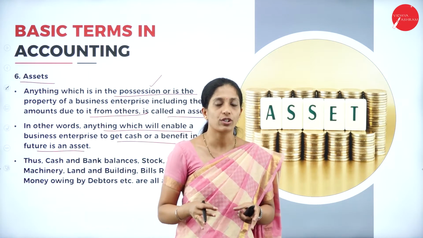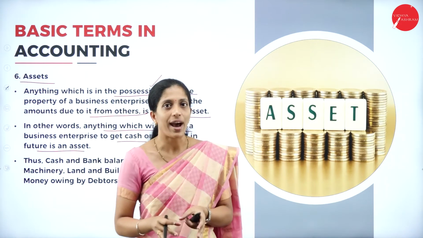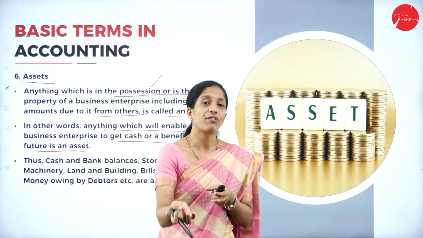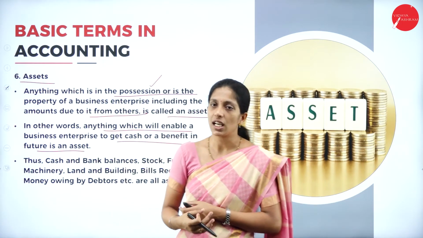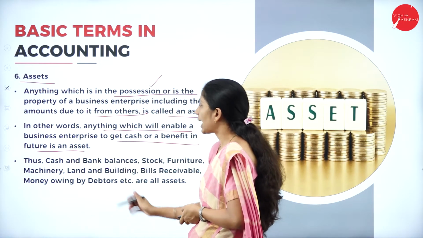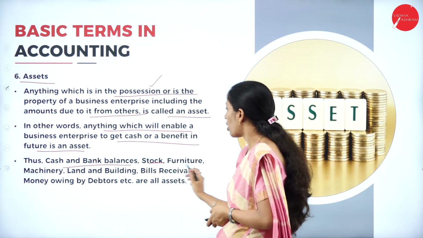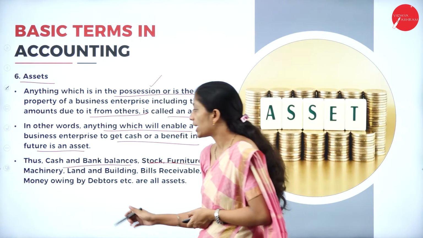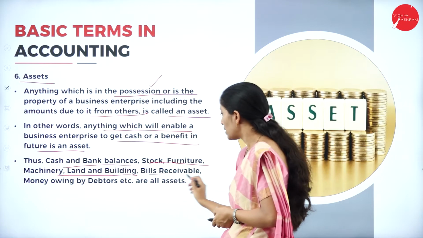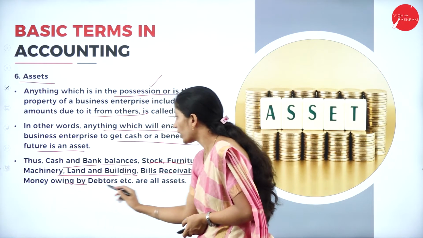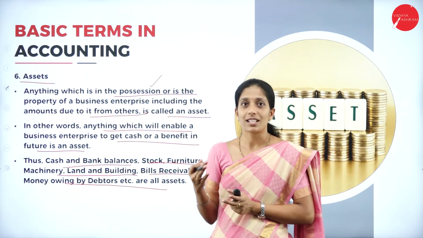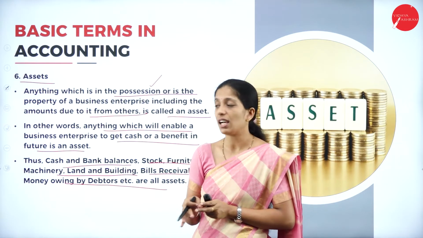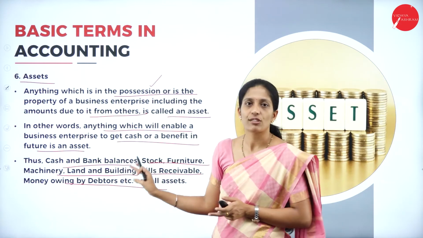Thus cash and bank balance, stock, furniture, machinery, land and building, bills receivable, money owing by debtors, etc. are all assets. These are all the examples for assets.